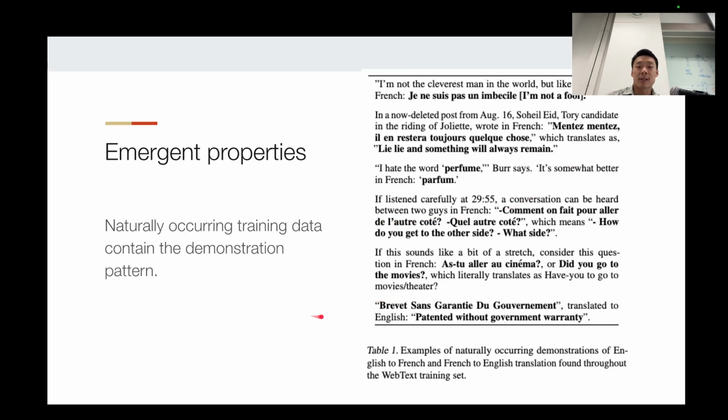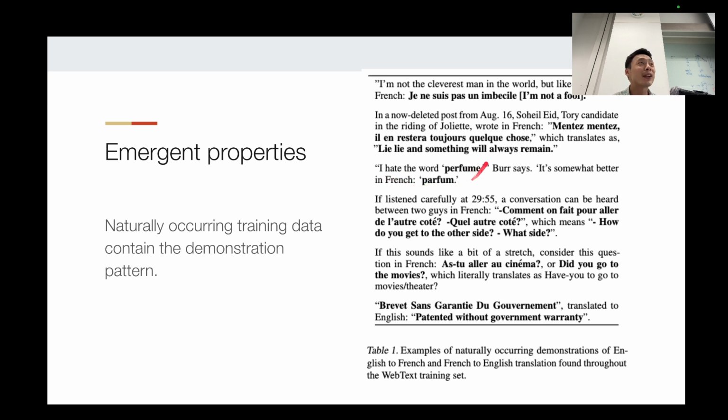Okay, I just said that, and then they found that there are patterns like this in the training data. So for example, it knows how to translate because they found a data set like this. "I hate the word perfume. Bird says it's somewhat better in French. There's a word French in here. Parfum."